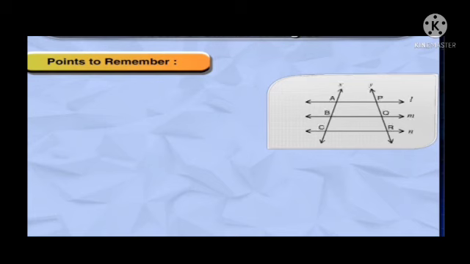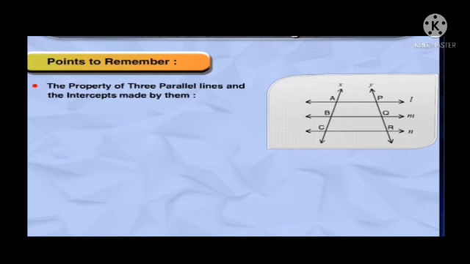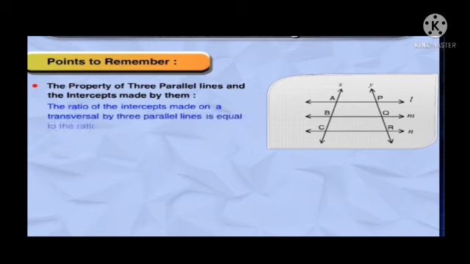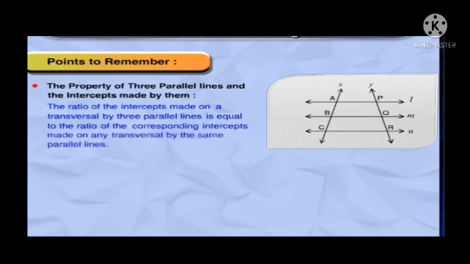Now we will see next, the properties of three parallel lines and the intercepts made by them. Now we know that the ratio of the intercepts made on a transversal by three parallel lines is equal to the ratio of the corresponding intercepts made on any other transversal by the same parallel lines.